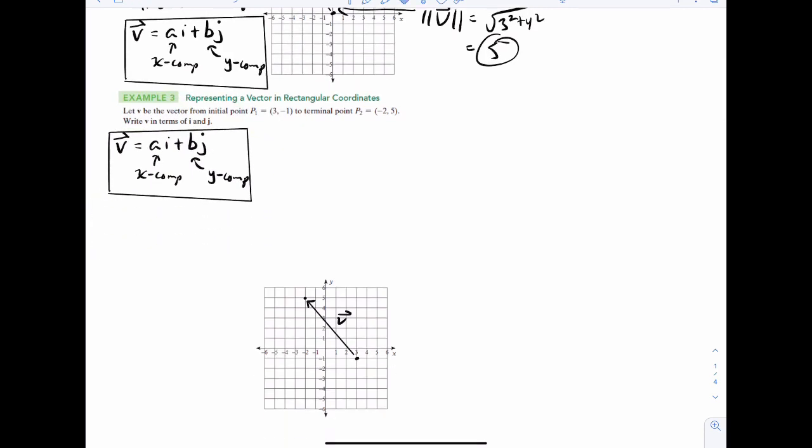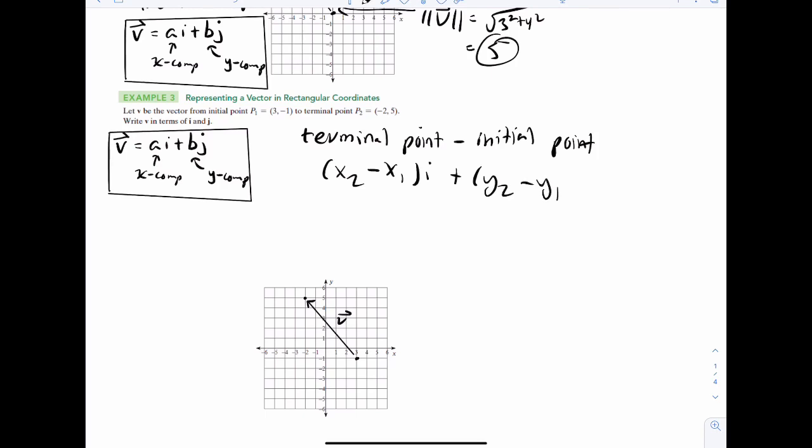All we're going to do is subtract them. So think of it as if the terminal point is the endpoint, we're just going to do the terminal point minus the initial point. Or some people say like x2 minus x1 i plus y2 minus y1 j. So it kind of looks like slope, but essentially we're just going to subtract them.